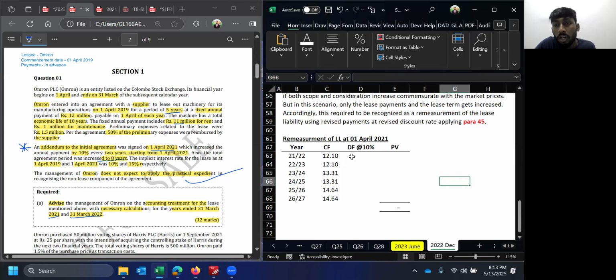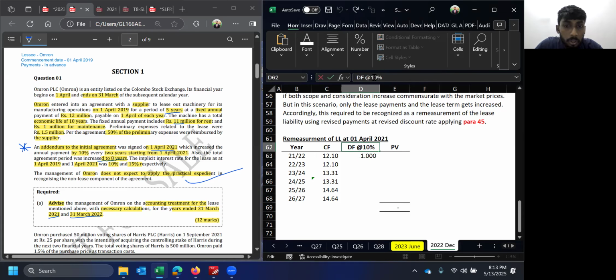Now, we are on 1st April 2021. Tell me, do we need to discount this first payment of 12.1? No. Why? Because this 12.1 million is due on 1st April 2021 itself, so it is already at the present value. Now the discount rate should be changed to 15%.